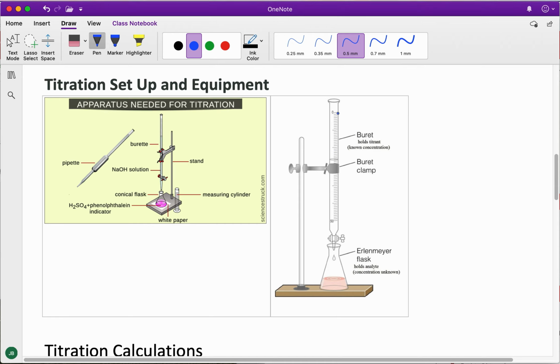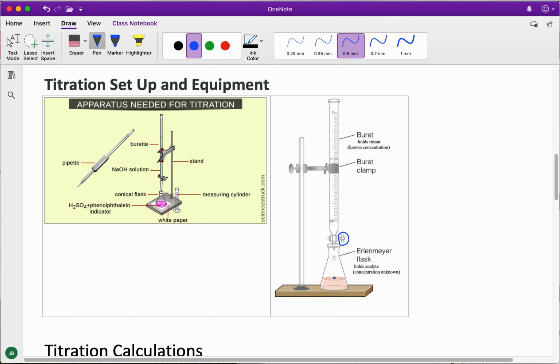And you are going to carefully use this valve, which can be opened and closed, to let just a drop at a time of our known concentration in the burette go into our unknown concentration in that Erlenmeyer flask.